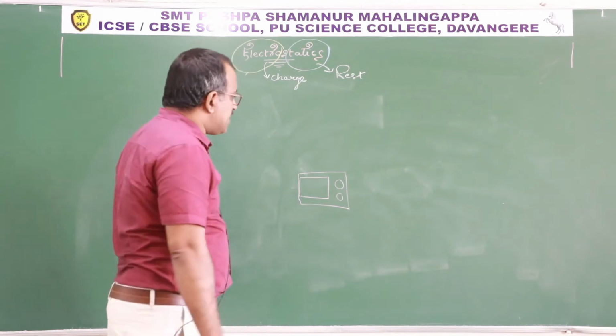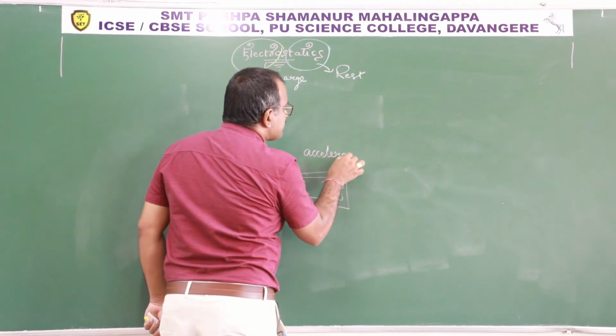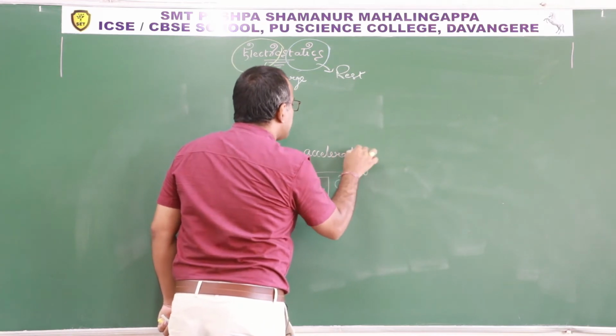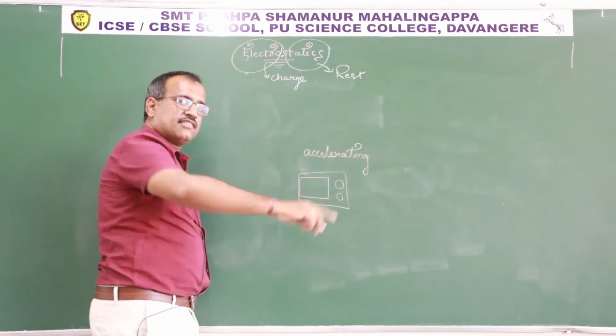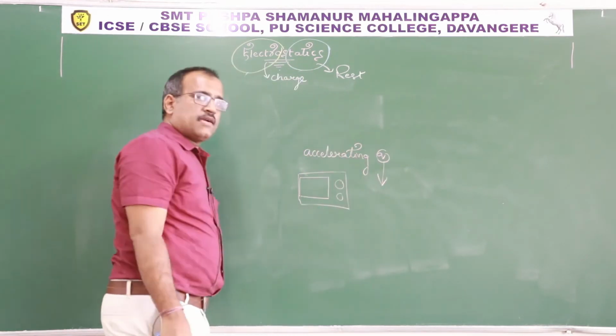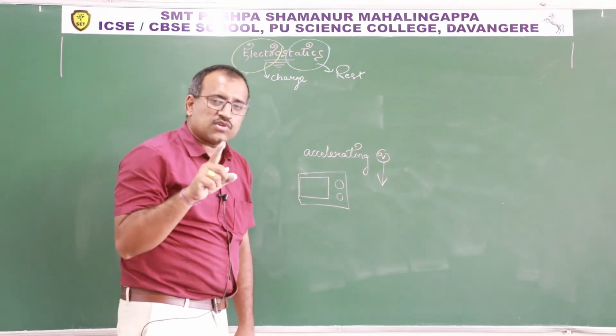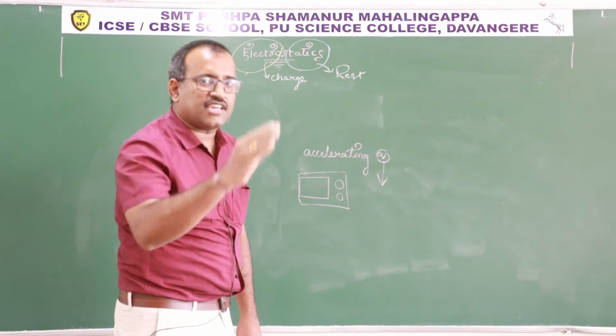As I discussed, when any accelerating charge Q is accelerating, then it will produce radiation, because charge is a source of electromagnetic radiation.